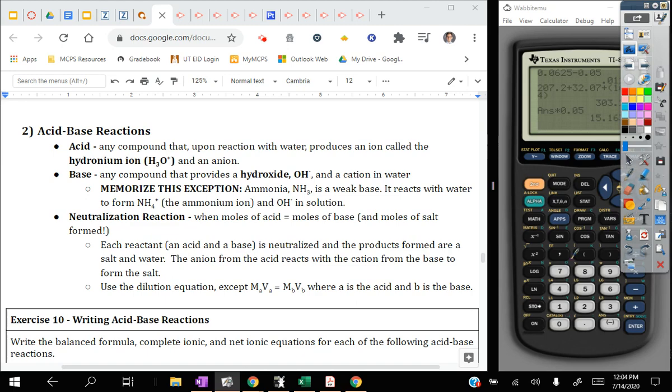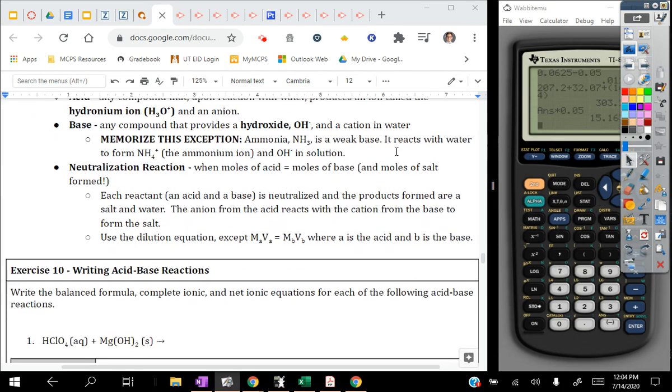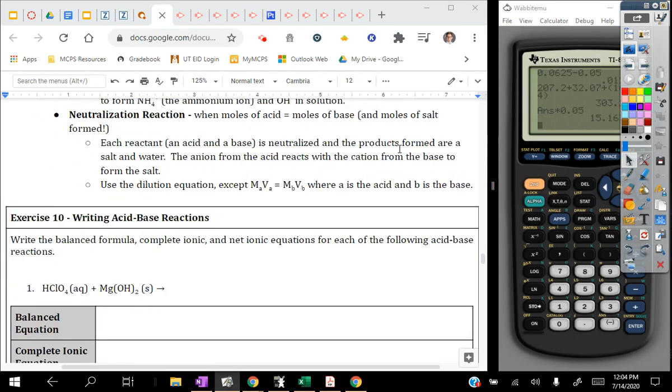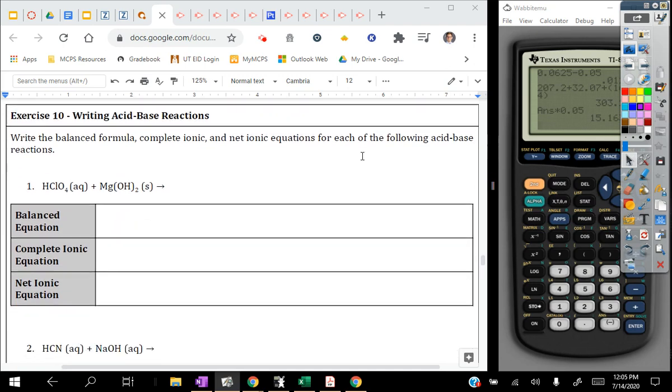To do calculations with these, we're going to use the dilution equation, except instead of saying stock versus dilution, we're going to look at MAVA, where M is the molarity of the acid and V is the volume of the acid, and MBVB, where M is the molarity of the base and V is the volume of the base. So we're going to set up some balanced, complete, and net ionic equations using very similar principles as we did with our precipitation reactions.